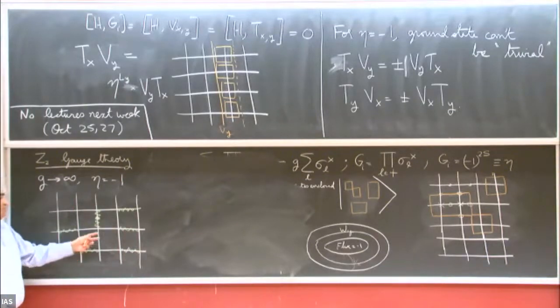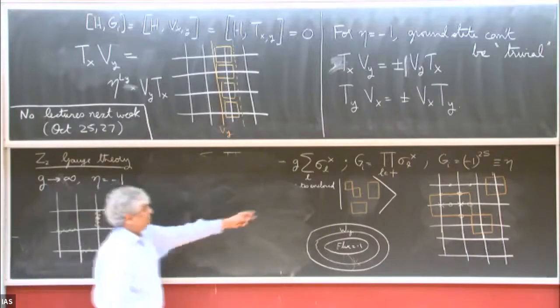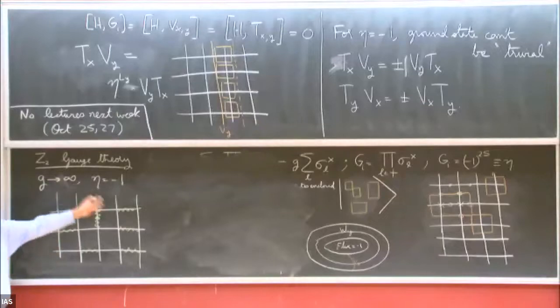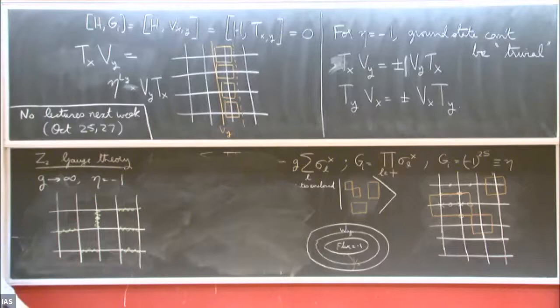But you should only have one, because if you add 3 of them, then it costs you energy 2G, which you don't need to pay. So this is a dimer covering of the lattice. This is the correct dimer mapping. And every such state is an eigenstate as G goes to infinity.